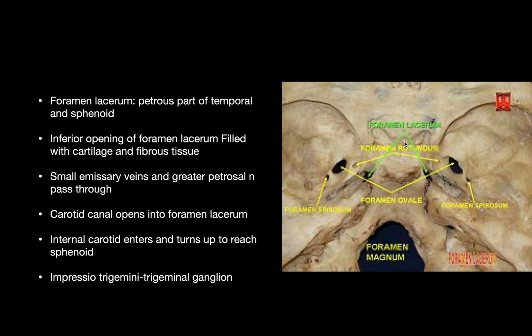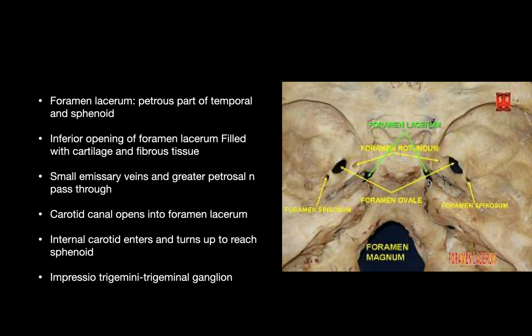So the foramen lacerum is jagged, and it is made by the petrous part of the temporal bone and the sphenoid. The inferior opening of the foramen lacerum is filled with cartilage and fibrous tissue, and through that, small emissary veins and the greater petrosal nerve will pass through.